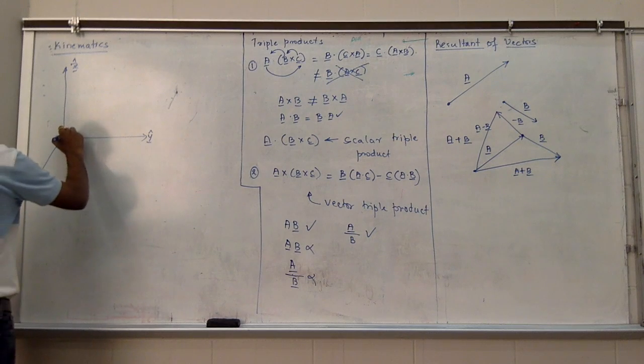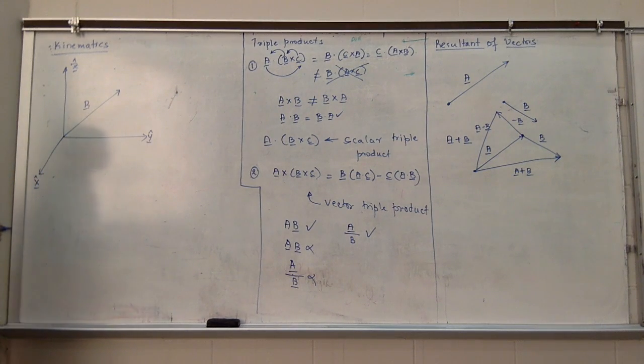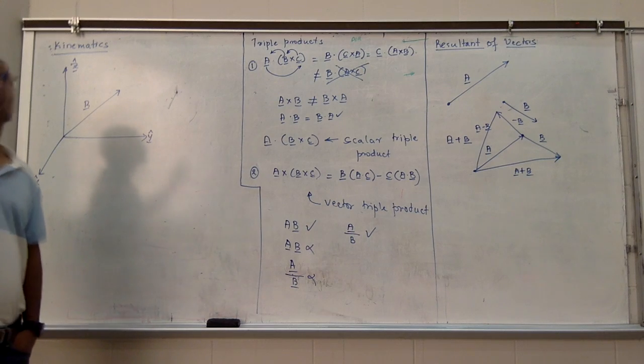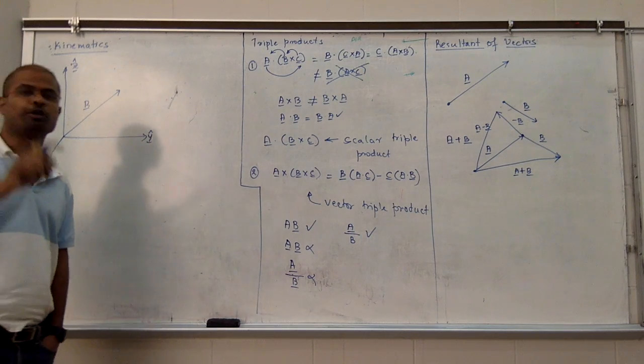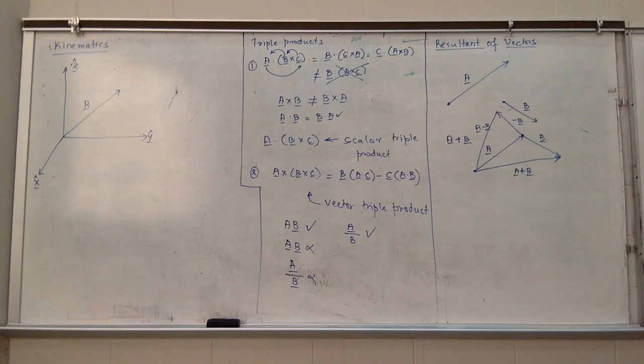And you have this position vector. Everybody understands the position vector? What is the position of Michael? How will we figure out the position from this axis?